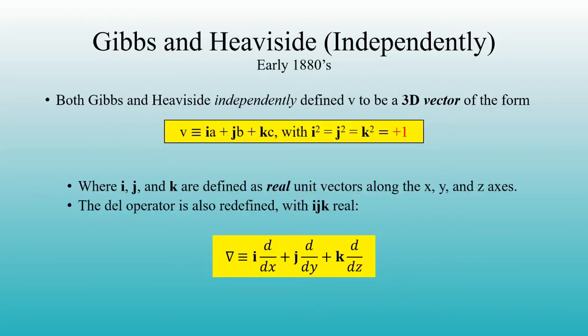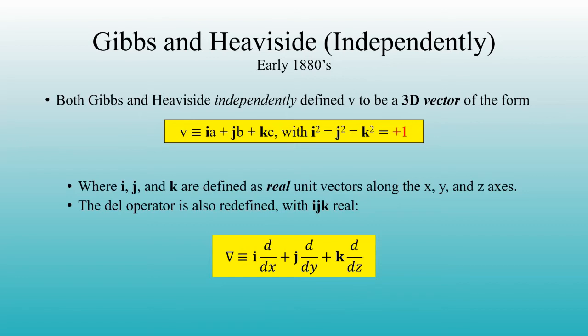This chart is the start of the big reveal. Both Gibbs and Heaviside independently defined a new quantity v, which they both called a vector. Like the Hamilton-Tate vector, it was a 3D object, not a 4D object. Also, like the old vector, the new one was a single mathematical object that had a magnitude and a direction.